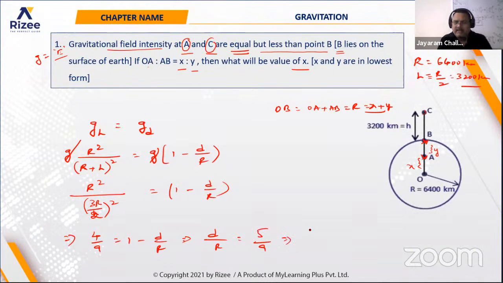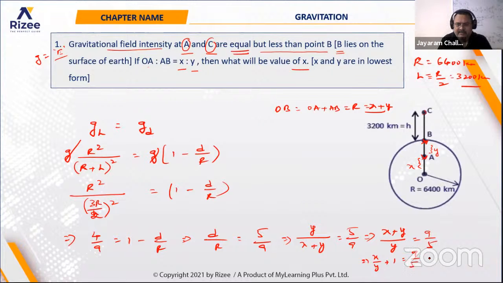Now substitute the d value. What is d? y by (x plus y) is equal to 5 by 9. Can we reverse it? (x plus y) by y is equal to 9 by 5. Split this one: x by y plus 1 is equal to 9 by 5. Take the 1 to the other side, 9 by 5 minus 1, that will be x by y is equal to 4 by 5.